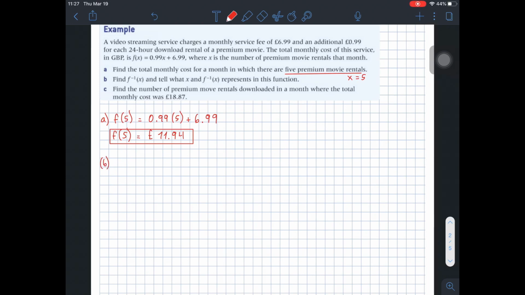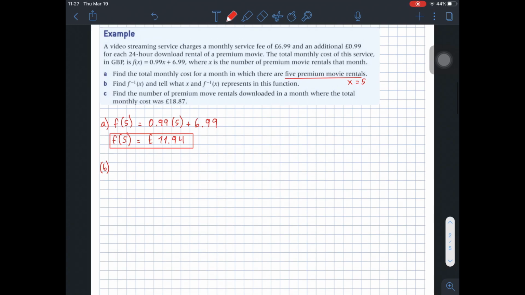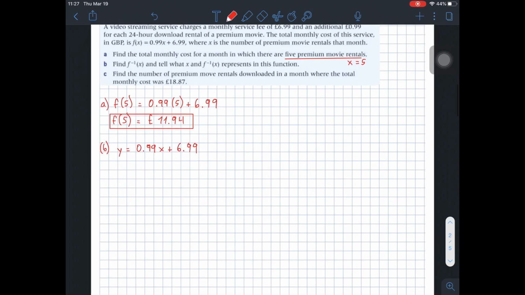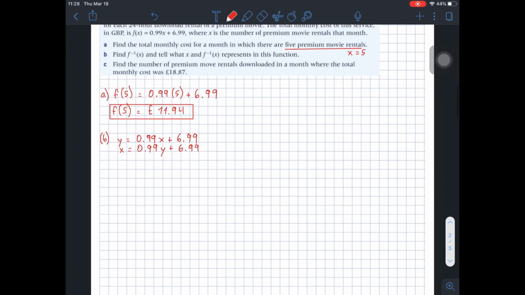Then part B, find the inverse of the function and tell what x and the inverse function represent in this function. Okay, so this is kind of a review of what we studied already. Remember, to find the inverse, we first write the equation using y, y equals 0.99x plus 6.99. Then the second step is to change the variables. This would be x equals 0.99y plus 6.99, and then we solve for y.